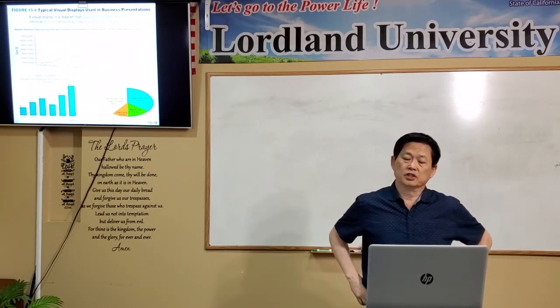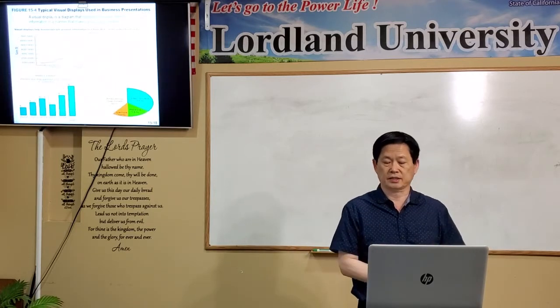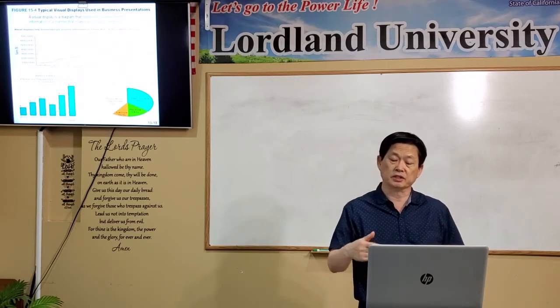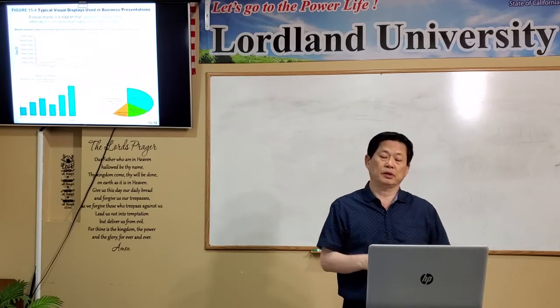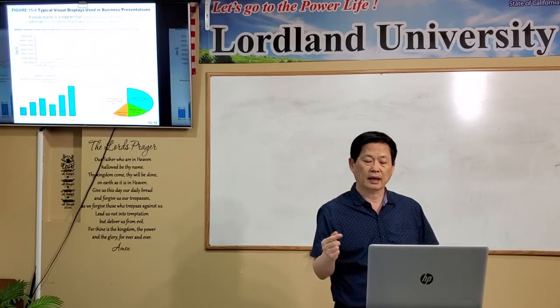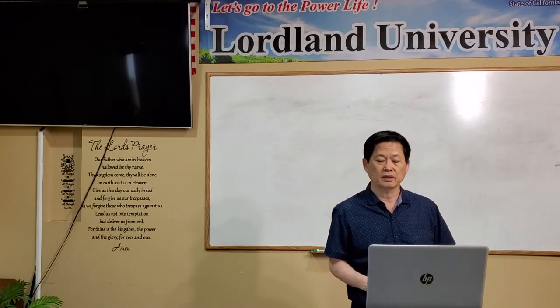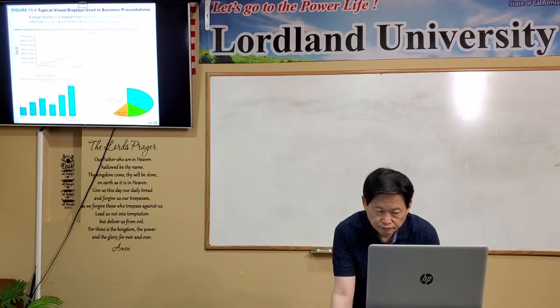This figure shows the typical visual displays that are used in business presentations. A visual display is a diagram that represents several items of information in a manner that makes comparison easier.